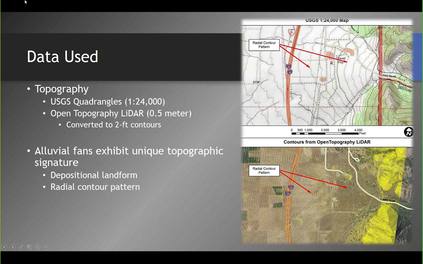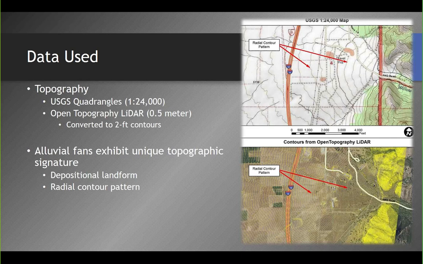On the top, you can see the USGS 1 to 24,000 scale map, and you can see these nice radial contours that are convex in the downstream direction. When you see that on a map, that should trigger something: this is a different looking landform, because it's receiving sediment and depositing debris over time, creating this topographic signature.